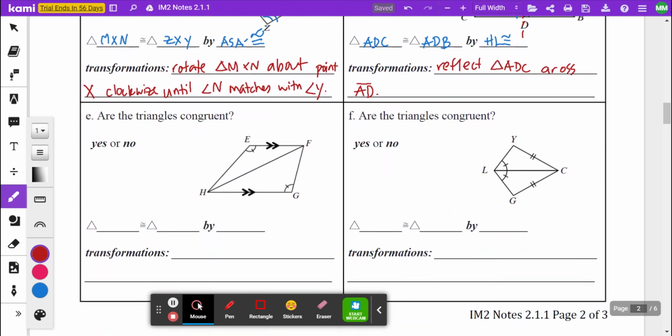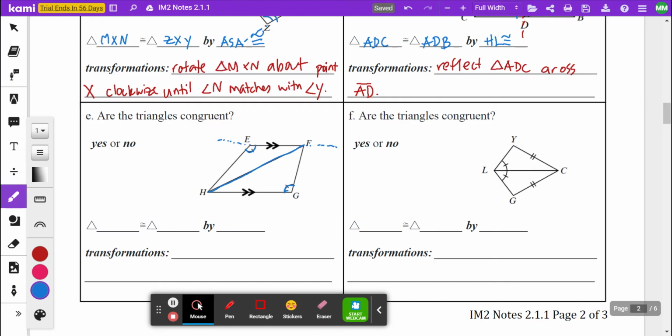Here we go, another one. This one's interesting because I don't think it's going to be drawn to scale. So far, I know that the triangles share a side length, and they share an angle, and I have parallel lines. What can these parallel lines tell me?